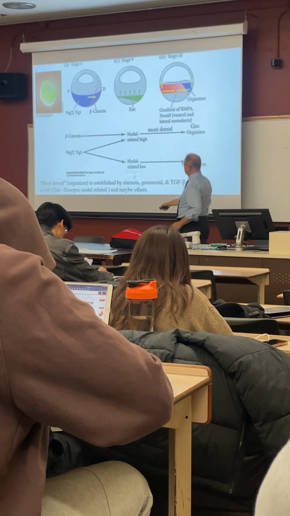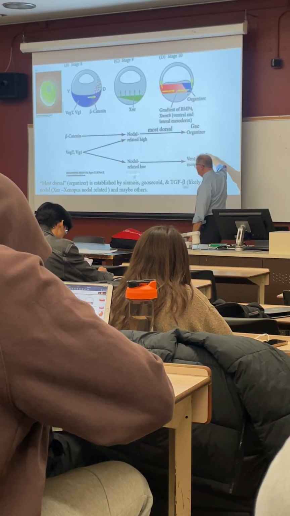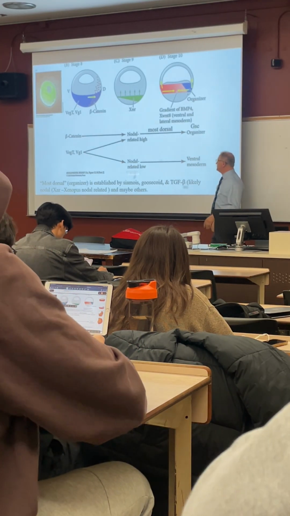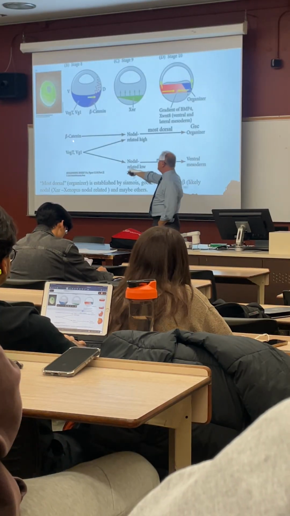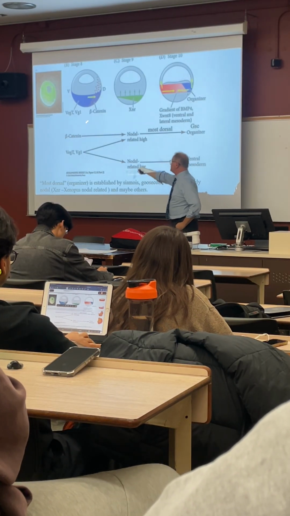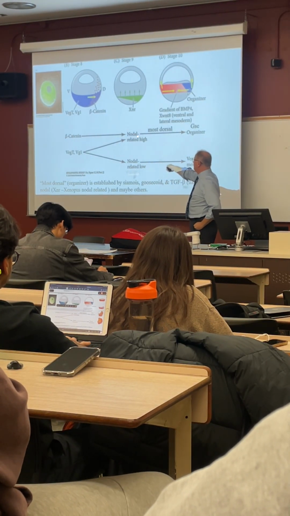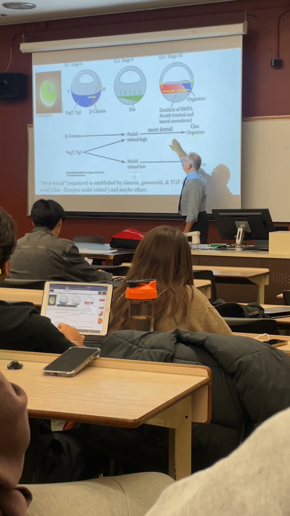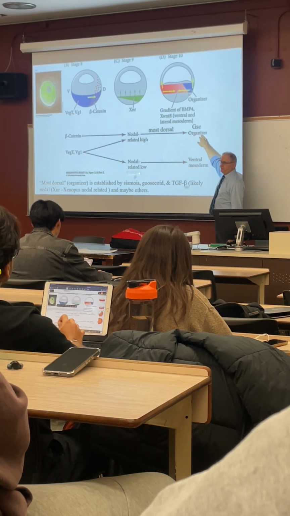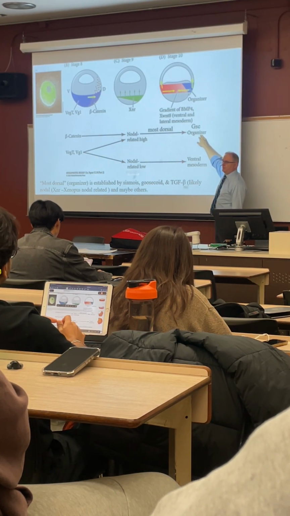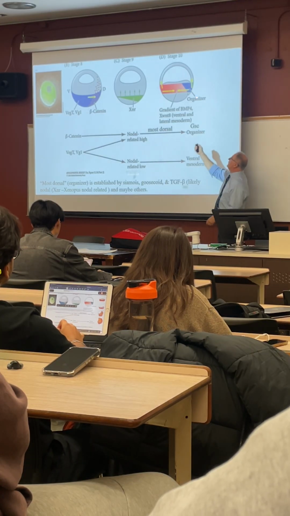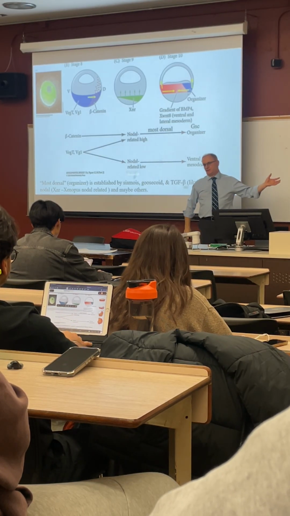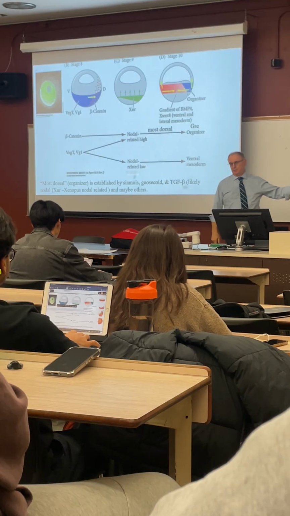Okay, so this is sort of important, and hopefully it'll become clearer once we go through the next bunch of slides. Some cells are going to have beta-catenin, but some cells will have beta-catenin and Xenopus nodal related, and they will be under the influence of VegT and Vg1. Those are going to be the most dorsal. They are going to give rise to the organizer, the dorsal organizer. So those cells, if you transplant those, they will start gastrulation and become dorsal mesoderm wherever you put them.